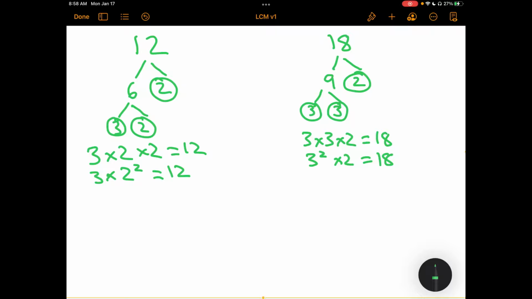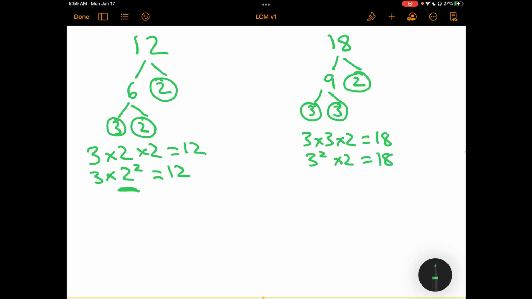To find the least common multiple, you use the highest instance of your primes in each number. So the highest instance of my prime numbers in the number 12 were my 2's. I had two 2's.